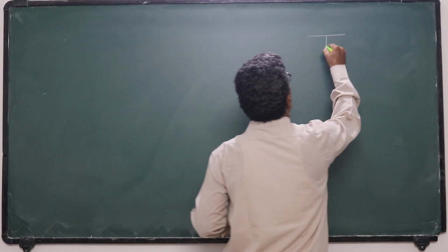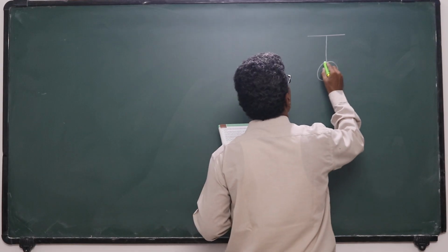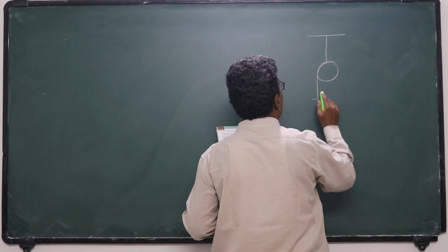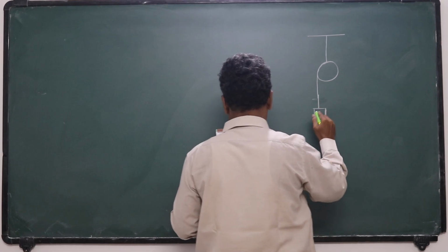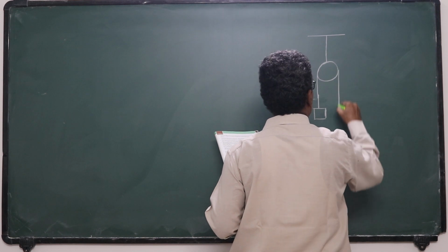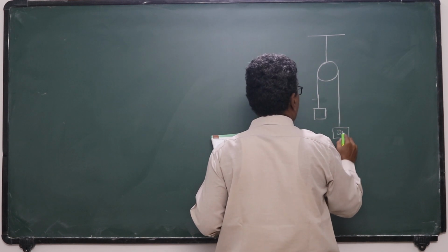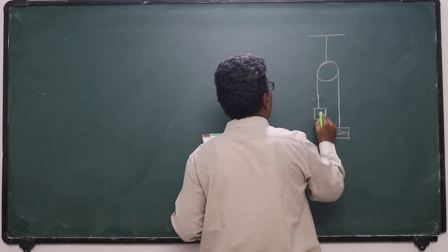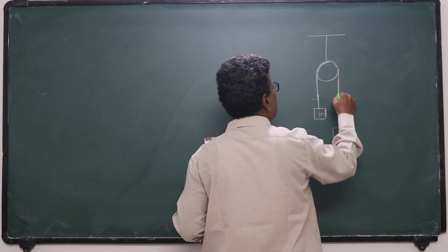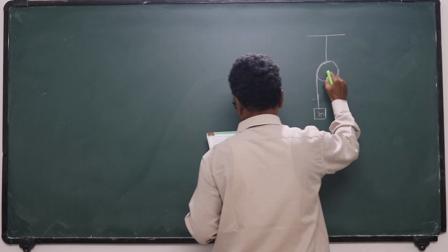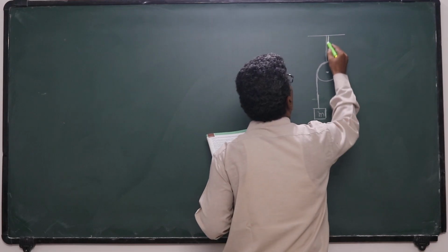To take this example, its mass is 2m, connected to m, both are connected with the help of a string that is passed over a pulley. That pulley is fixed to the roof, okay.